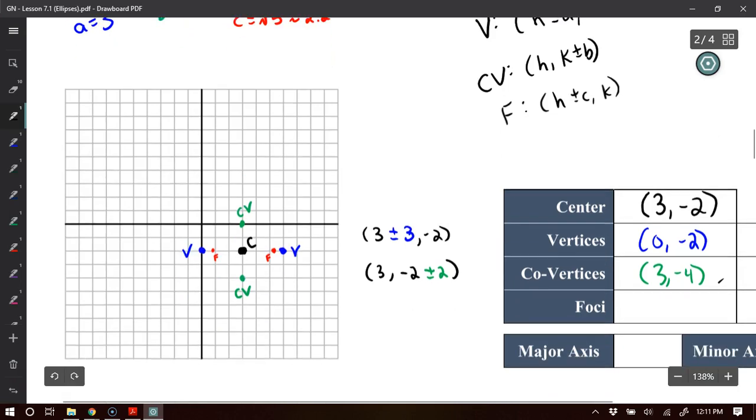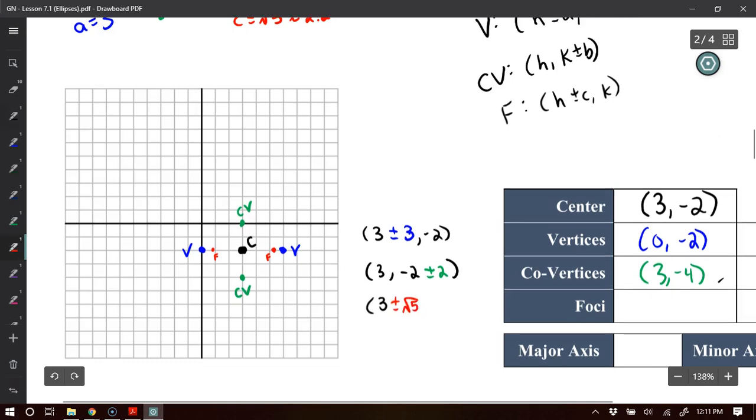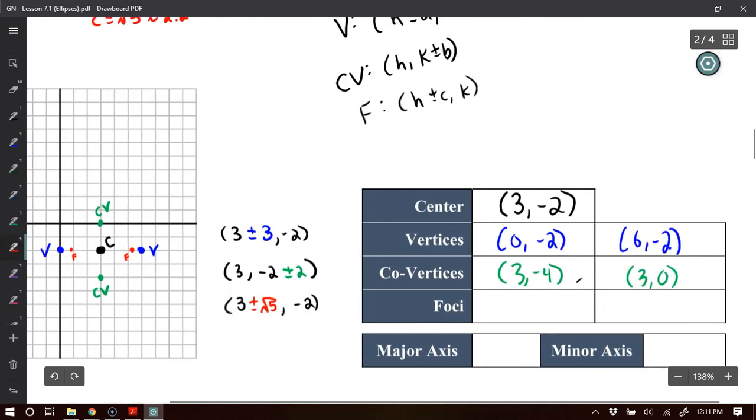So for the foci, 3 plus or minus the square root of 5, comma negative 2. In this case, what I get is 5.2, negative 2, and 0.8, negative 2.